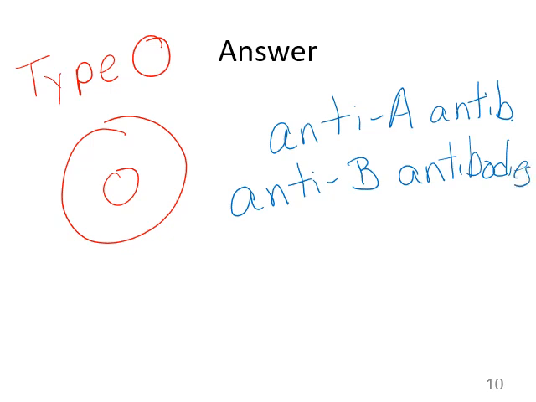Just like there's no anti-O, there's no anti-AB. AB is a blood type, which tells you that the person's blood cells have both the A and the B antigens. An antibody is going to bind to one antigen. So no anti-O antigen, no anti-AB antigen.